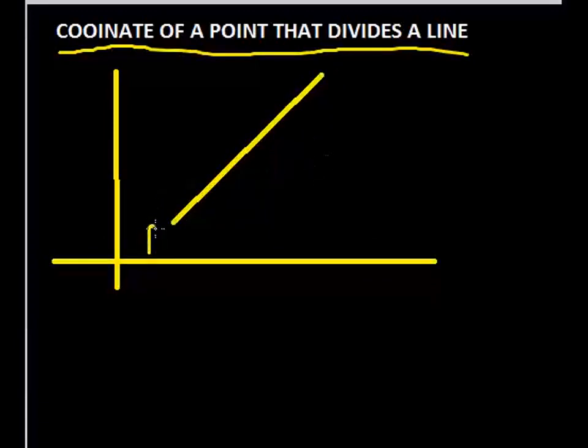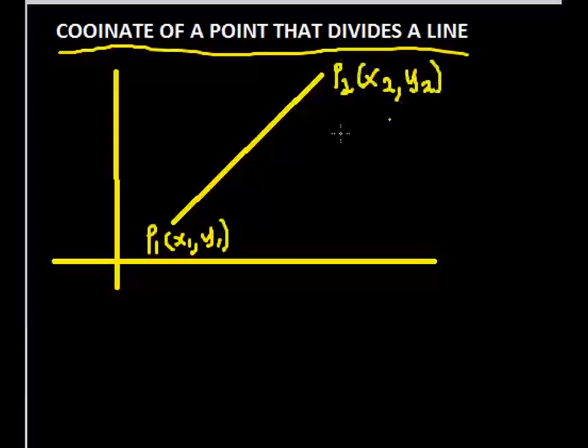P1, which of course is X1, Y1. Then the final point here is P2, with X2, Y2. So this is the initial point, and this is the final point.